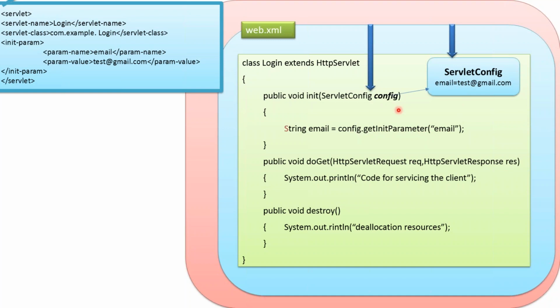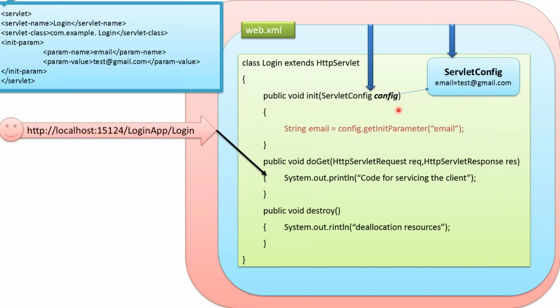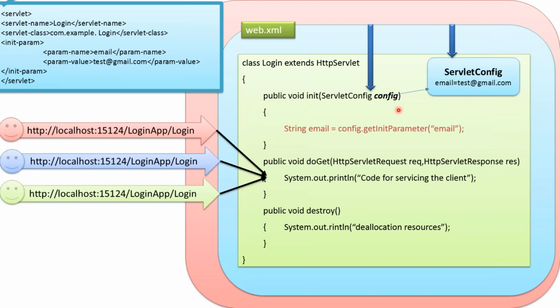Now after this, it has read this. For each client request, it is calling the doGet or doPost method. The init method is called only once, and for each client request it calls either doGet or doPost. When you're shutting down the application or undeploying, it is going to call the destroy method.